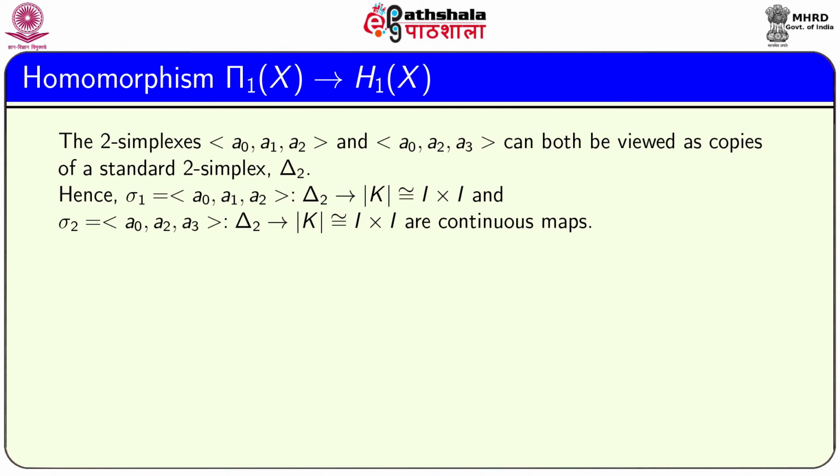The two simplexes A0A1A2 and A0A2A3 can both be viewed as copies of a standard two simplex delta 2.